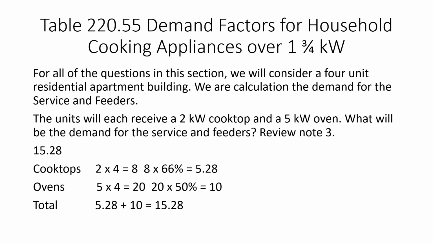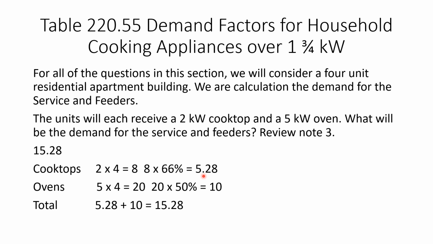Okay, did you get 15.28? Let's take a look. So we did our cooktops, because those were out of column A at 2 kilowatts. So 2 kilowatts times 4. Now remember, this was a 4-unit residential apartment building. It was 8 kilowatts altogether for those appliances. 8 times 66%, we looked in column A, it was 66%, we got 5.28.